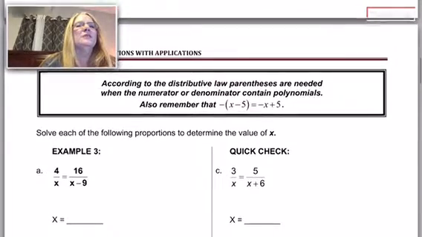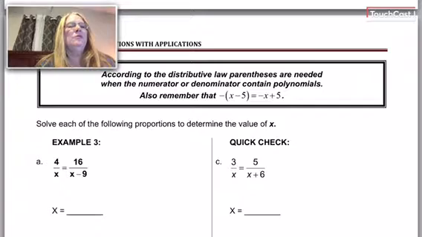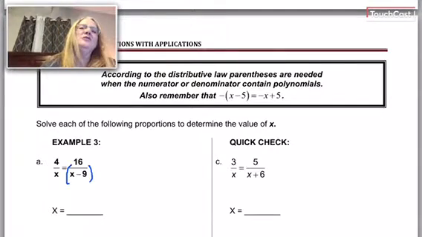Now this next box, what this is telling us is that according to the distributive law, parentheses are needed when numerators or denominators contain polynomials. And then make sure that if you are distributing through a parenthesis, you have to distribute the entire parentheses. So in example 3, you just have to make sure that you put x minus 9 in parentheses. And then it's the same.